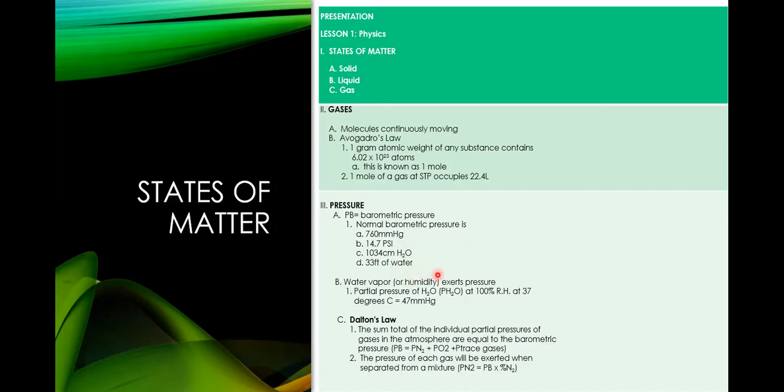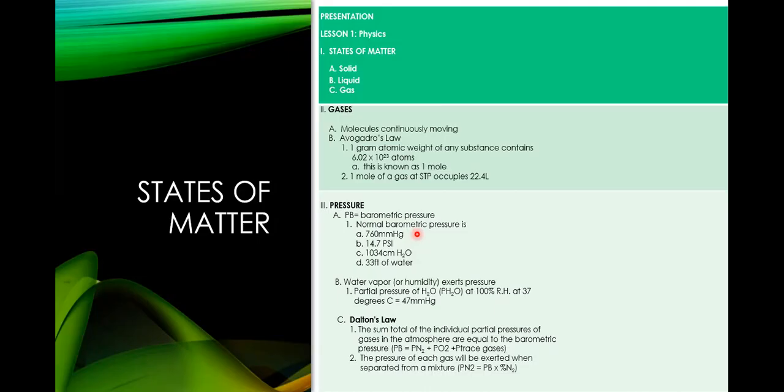The reason they talk about the feet of water is that when you go deeper and deeper into water, you're going down more atmospheres. Everything gets heavier the deeper you go in the ocean. That is going down more atmospheres, because barometric pressure is considered to be one atmosphere.